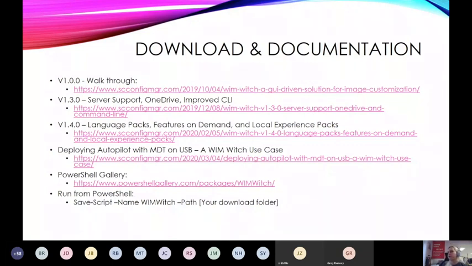If you just do a straight install dash script, I don't like where it puts it in the default path, and since it's then going to build its own folder structure and you're importing WIMs. If you do save script, it lets you just download the script, and then you can walk through the installer and have it go to where you want it to go.